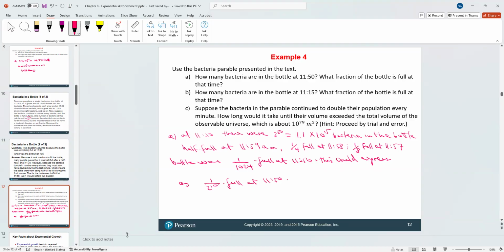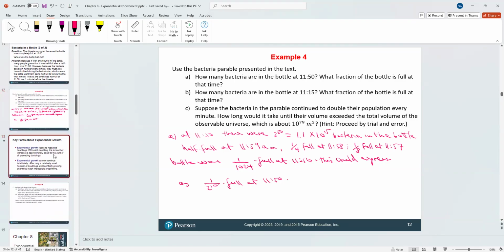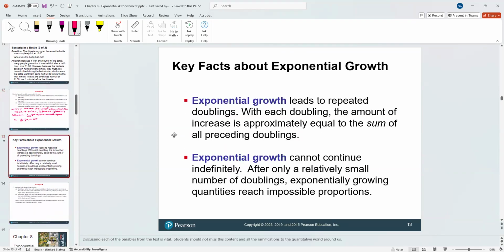Now, all right, something very important to see. We said key facts about exponential growth: doubling lessons. We went over the parabola reveals at least two key lessons about the repeated doublings that arise with exponential growth. Exponential growth leads to repeated doubling.